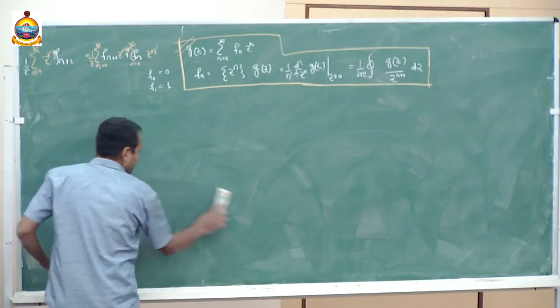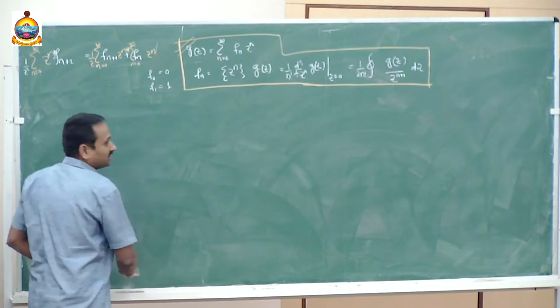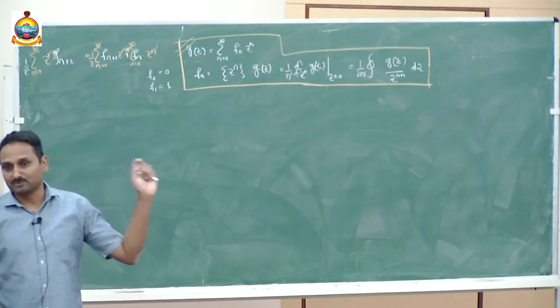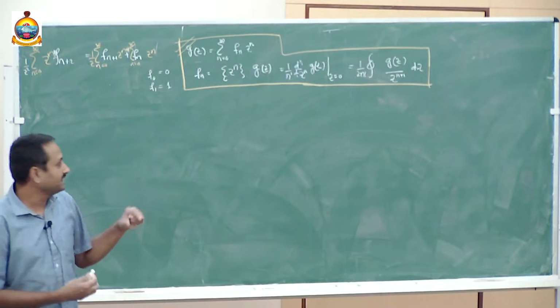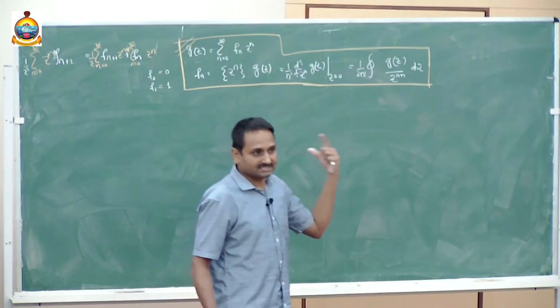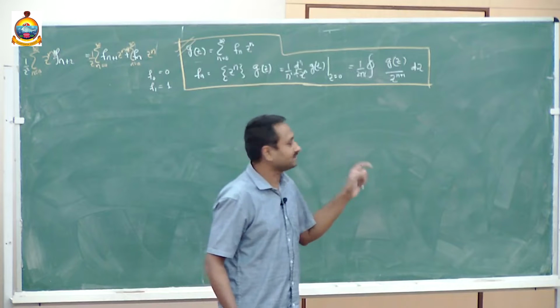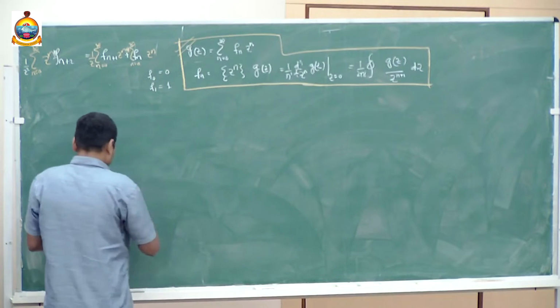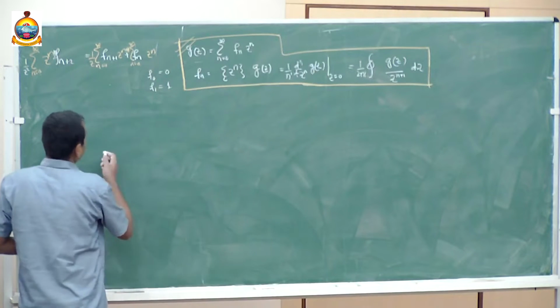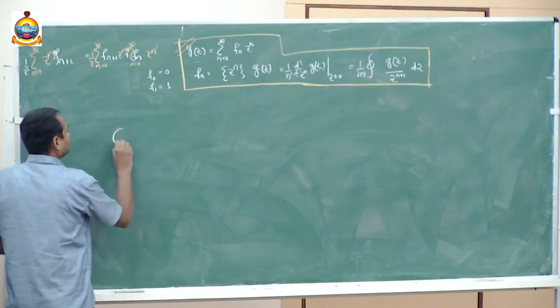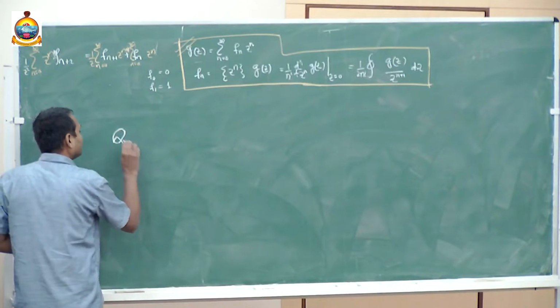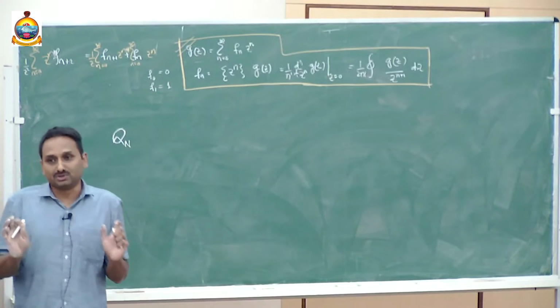So what was our problem? We have this zero range process, and we have the total number of particles which is conserved. What we want to calculate is just Qn, which you do not know.